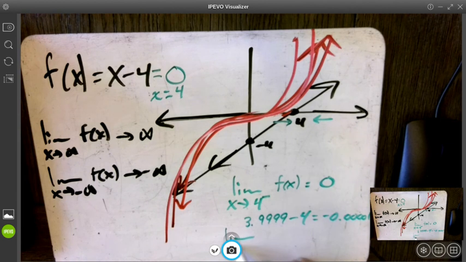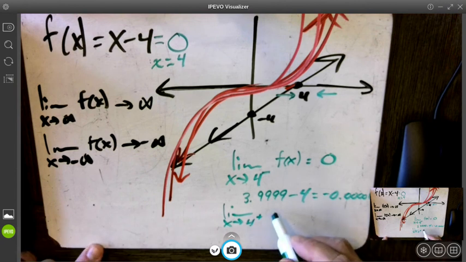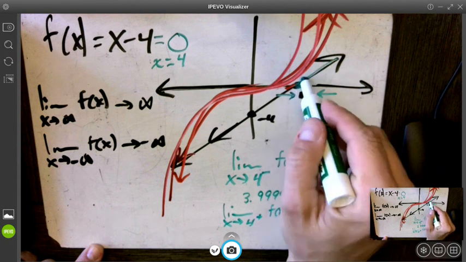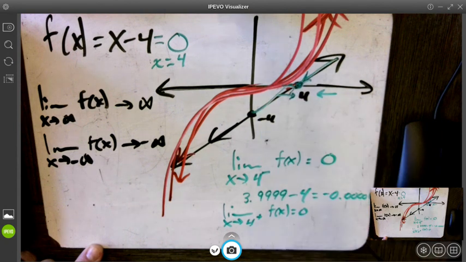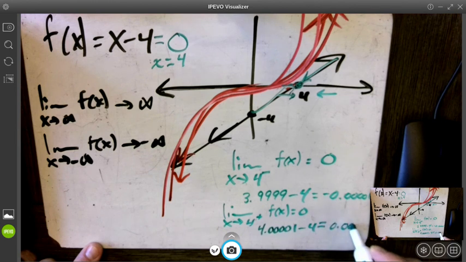If I approach 4 from numbers that are slightly bigger than 4, watch what happens. I still will get 0, all right? So the graph is going to 0, just like we've already talked about in previous days before this quarantine. But if I do the actual calculation here, what is 4.000001 minus 4? It's positive and really small.